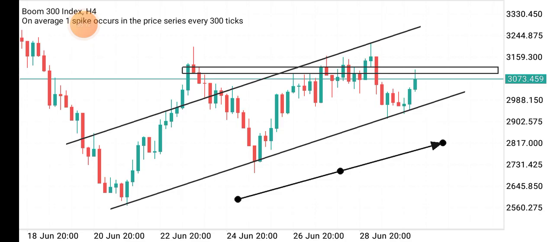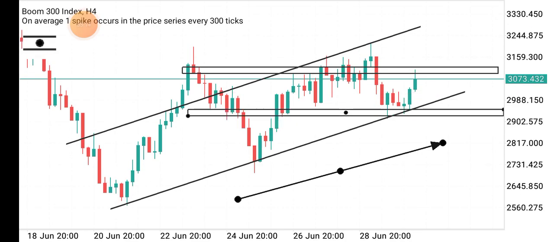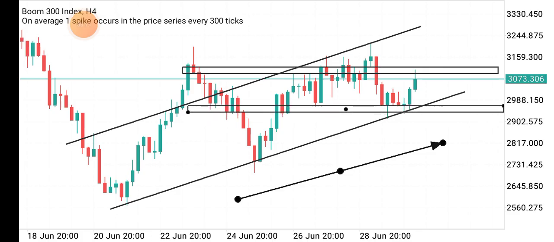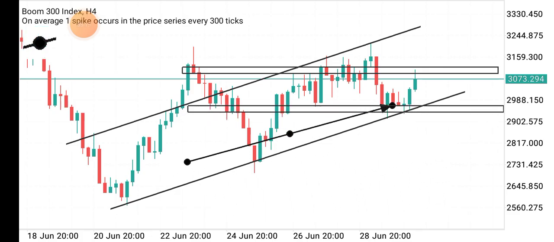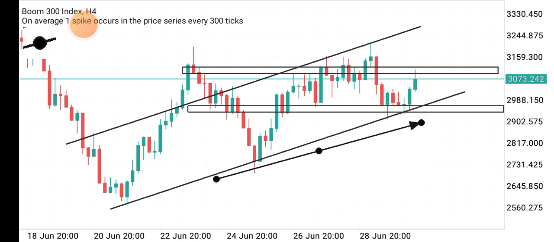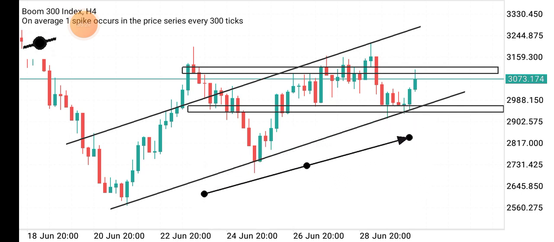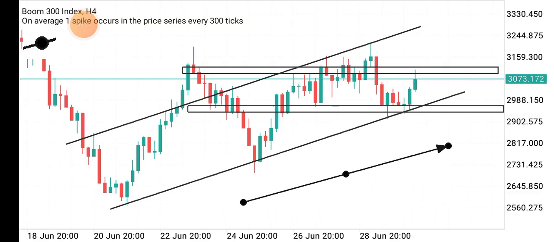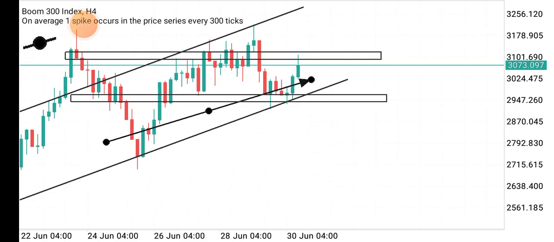So if the market can go below this particular zone and close bearish with a bearish engulfing candlestick pattern, or if you want to be very safe, you wait for the market to break out of this support and also this trend line.